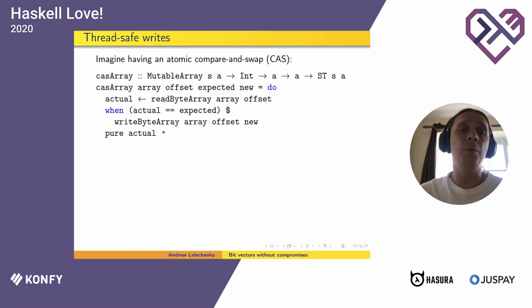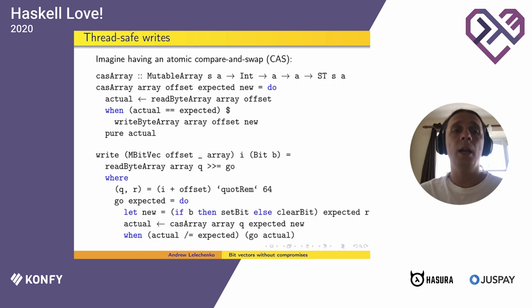And in this case, we just return the actual value and ask our caller to produce a new value corresponding to the actual value of this word in the array. This can be used in our case as well, but we end up with a self-recursive function go, which will run compare and swap on the array.